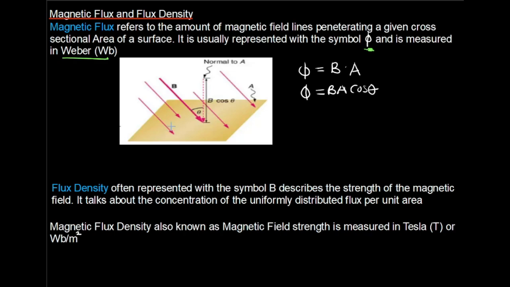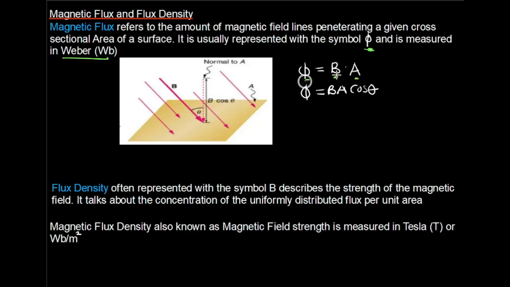Now you need to also know that magnetic flux mathematically is equal to the dot product of the magnetic field strength, also known as the flux density, and the cross-sectional area.